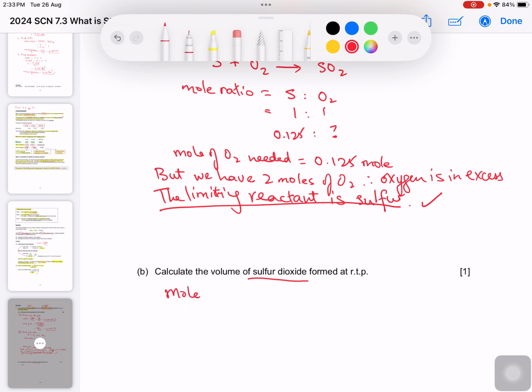So we have to connect it to sulfur. Why? We have to use the limiting reactant for further calculation. Use the limiting reactant, not the excess.